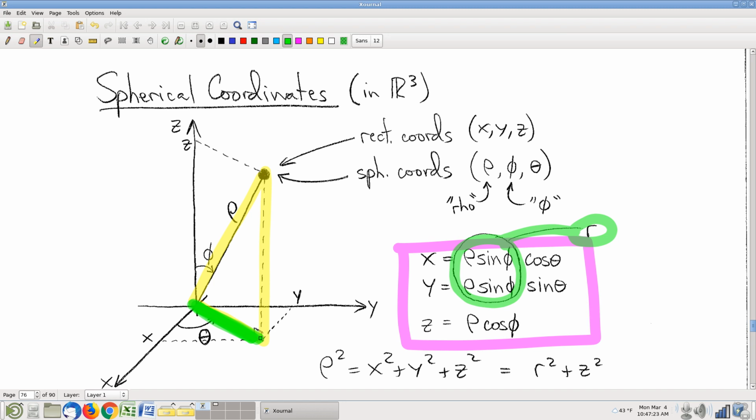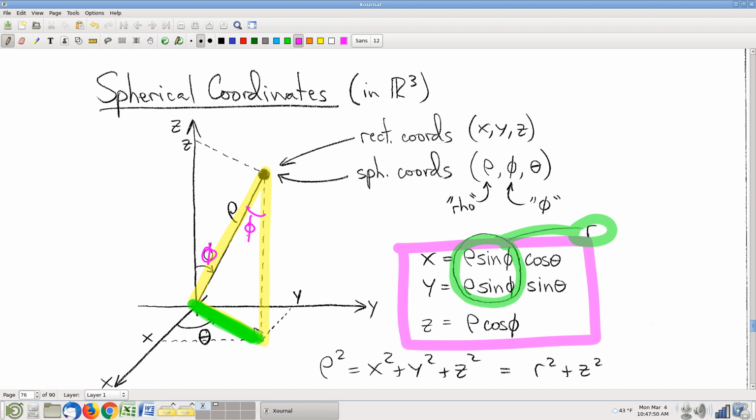Look at that triangle I have highlighted in yellow. It's a right triangle, and we have phi right here, which means that angle is phi. And it's just a flashback to high school trig to see that distance r that I have in green there is rho sine phi.